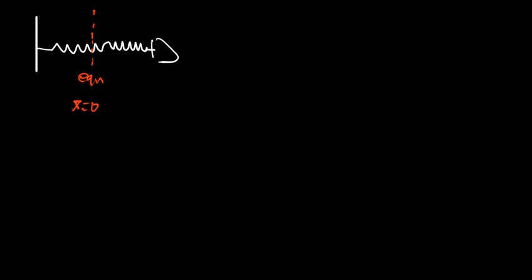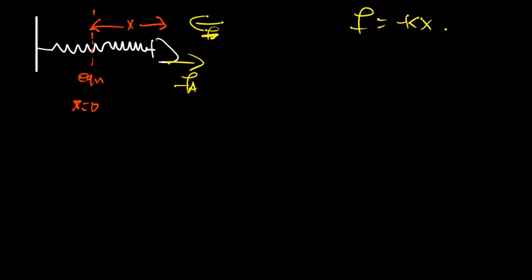From this point to that point is my x position. Now you are applying a force, and we are talking about the resultant force. We said that F is given by negative kx.